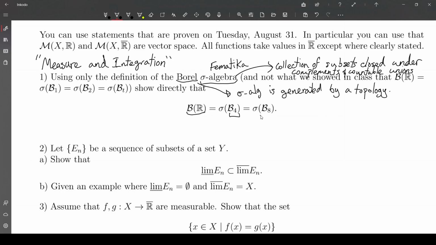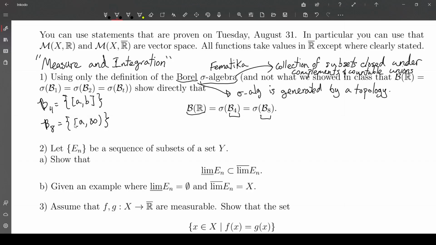Now these B4 and B8, these are specific sets of generators for the Borel sigma algebra. So if I remember correctly, I think B4 consists of the closed intervals [a, b], and then I think B8 might be the closed rays that point rightwards.